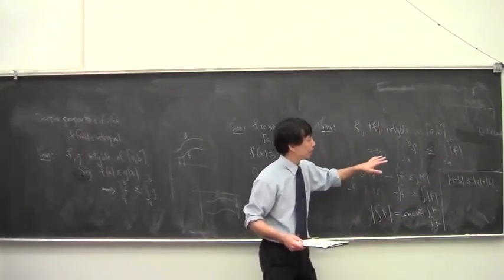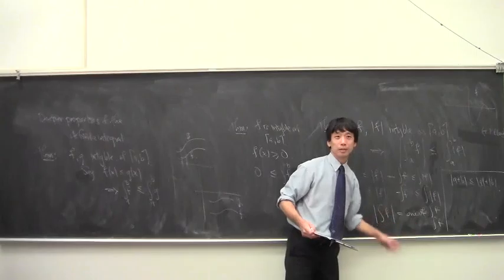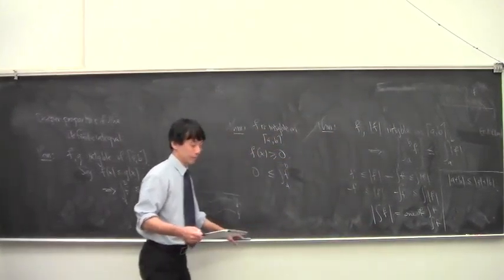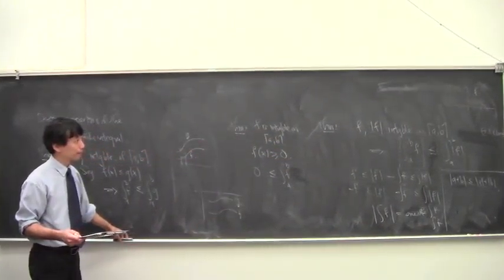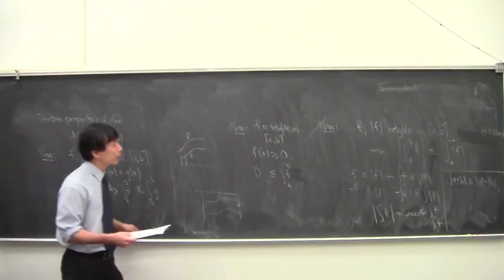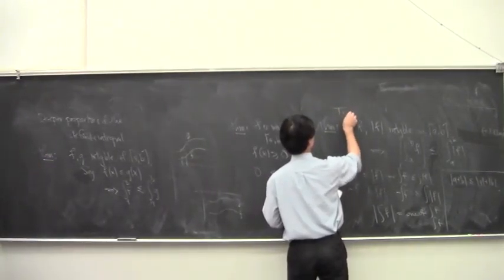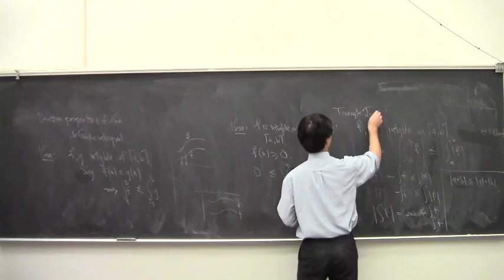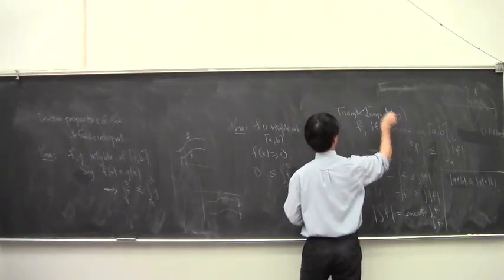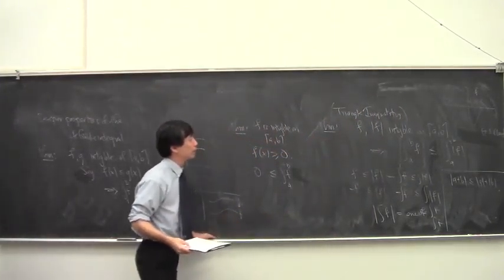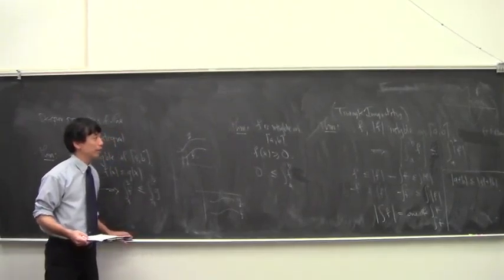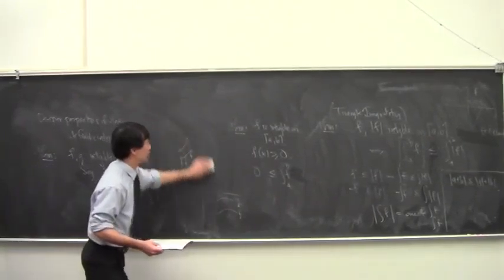This is like the infinite version of that. So yes, this is actually called the triangle inequality. Where the triangles are won't be so evident until maybe later.